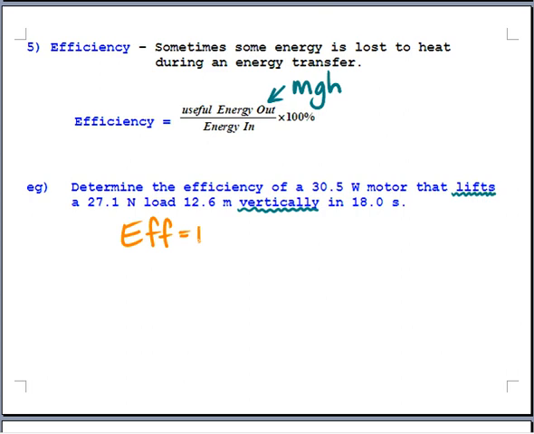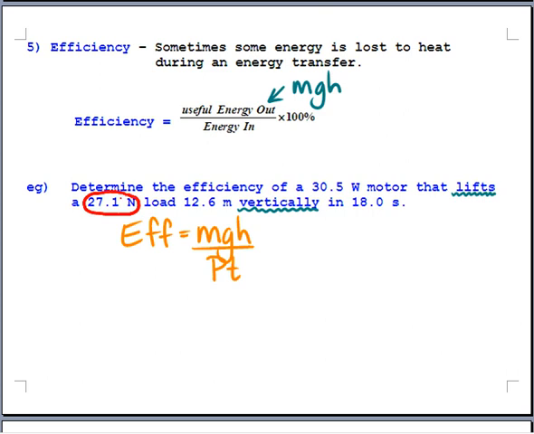the efficiency is going to be the MGH over the energy in. We said these things are electric, so it's always P times T. Now what's kind of cool here, and you might notice there's something that's done for us already. The load that it's lifting is 27.1 newtons.